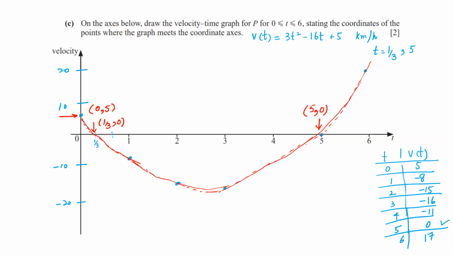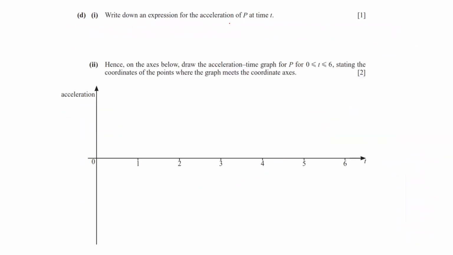Okay, so next part D, it says write down the expression for the acceleration of p at time t. So remember, my velocity equation was 3t square minus 16t plus 5. So just need to differentiate it. It becomes 6t minus 16.